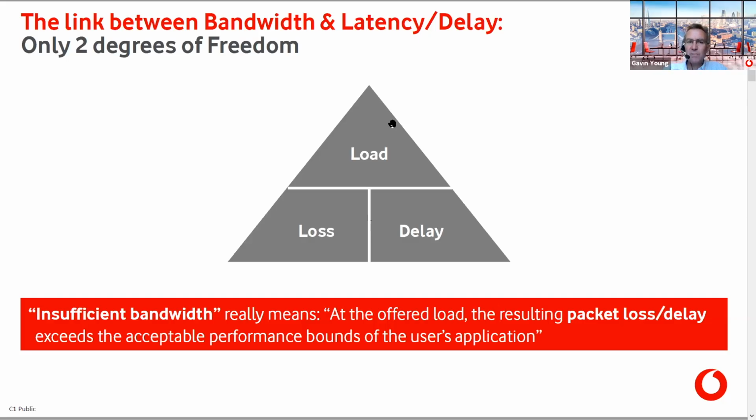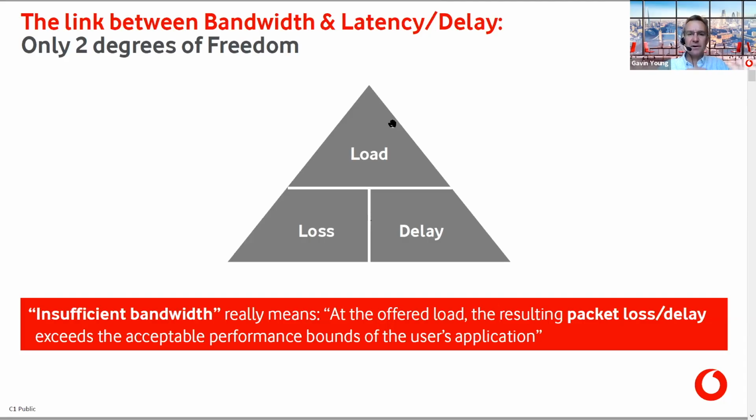So sometimes when we talk about insufficient bandwidth, what that really means is that at the offered load onto that network, the resulting packet loss and delay exceeds the acceptable performance bounds of the user application. So bandwidth is necessary but not sufficient. So as I said earlier, for something like 4K Netflix, you might need 25, 30 megabits.